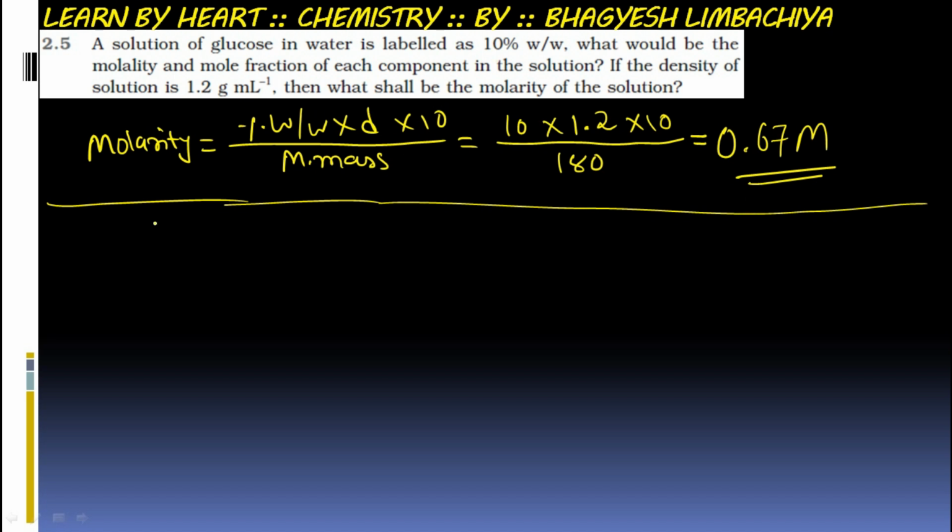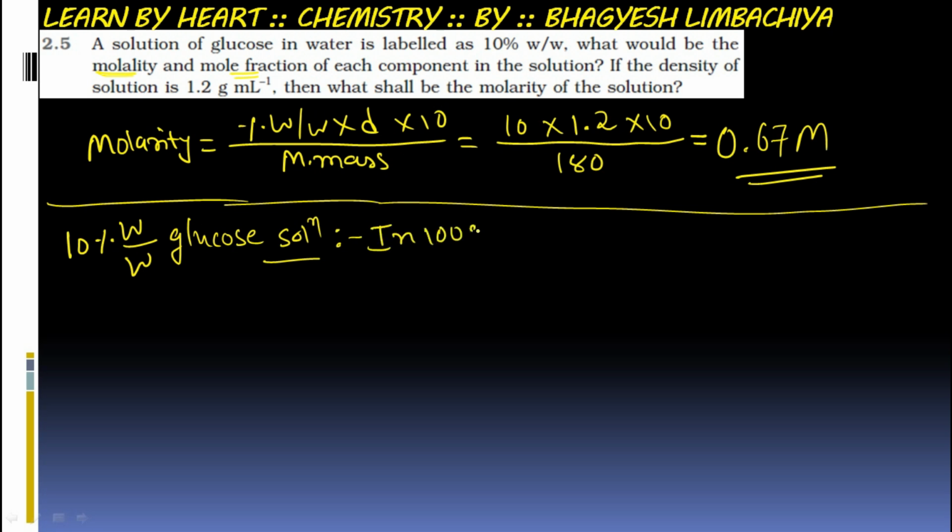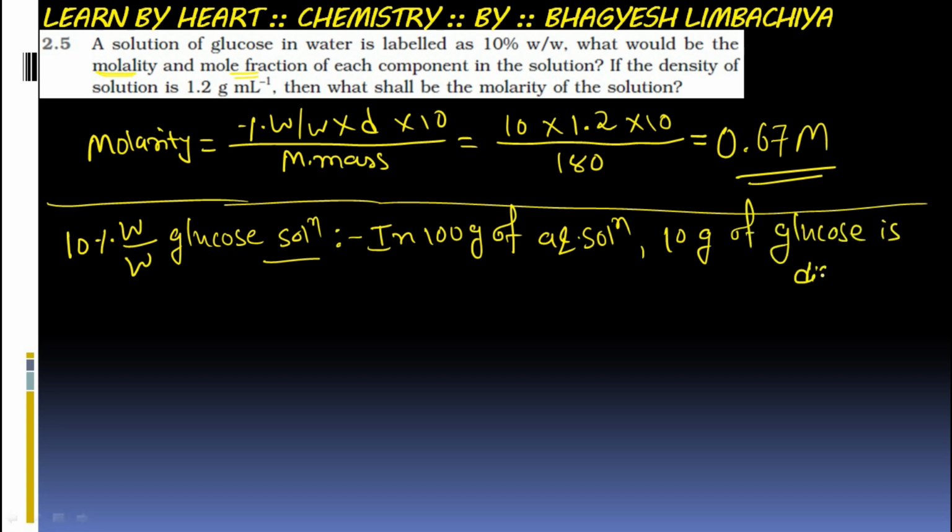Next, you are asked for the molality and the mole fraction. First of all we have to write the meaning of percentage W by W glucose solution. The meaning of 10% W by W is that in 100 gram of aqueous solution, 10 gram of glucose is dissolved.